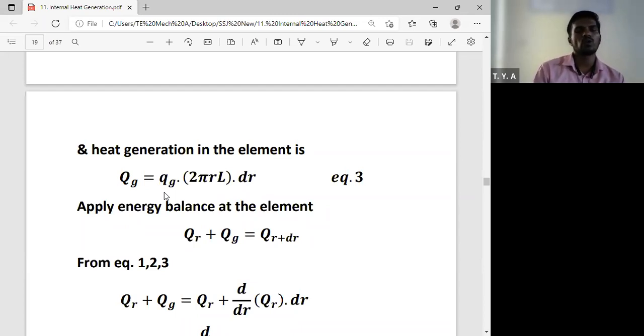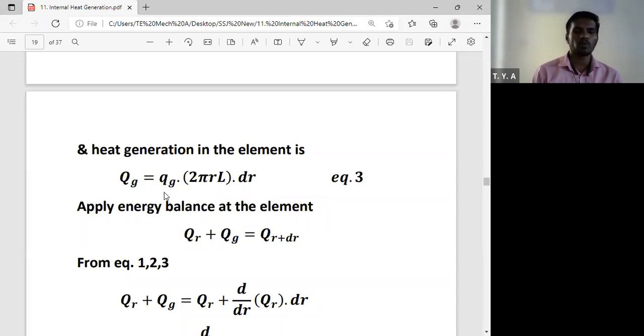Okay, so now we have to apply the energy balance equation. So as we know, energy balance equation is nothing but how much amount of heat is conducted into the element plus how much amount of heat is generated within that element is equal to heat conducted out from the element.